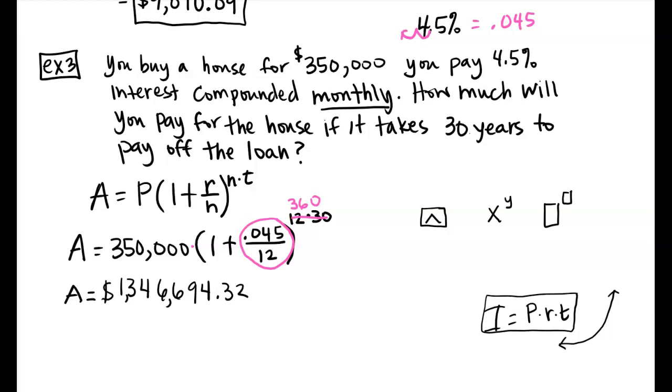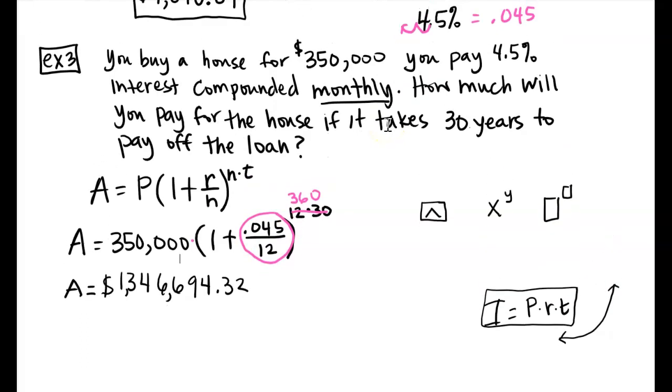It's more than 3 times what you paid for it. Almost $1 million there is just interest. Are your minds blown? Oh my word, that's crazy. All right, did everybody get that?